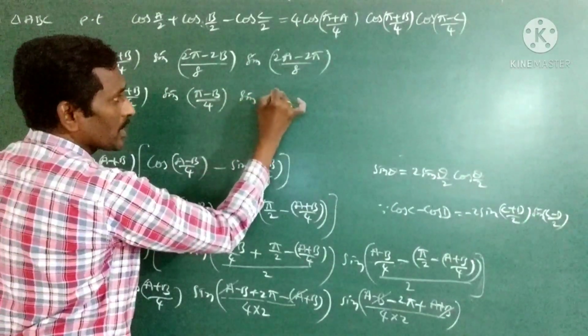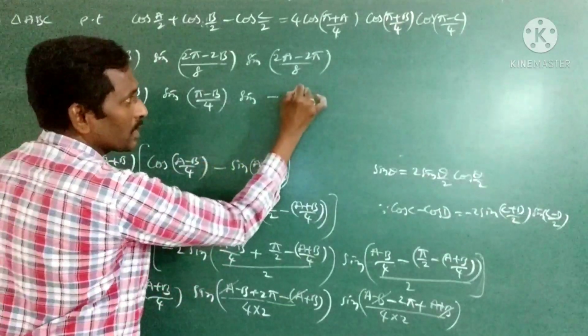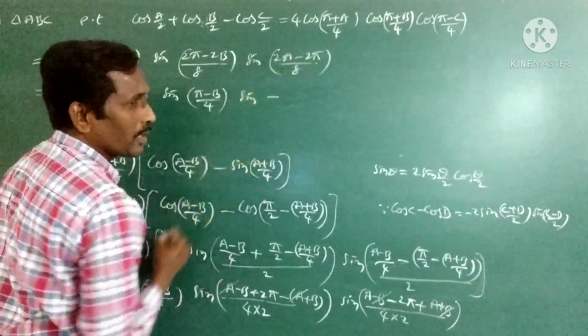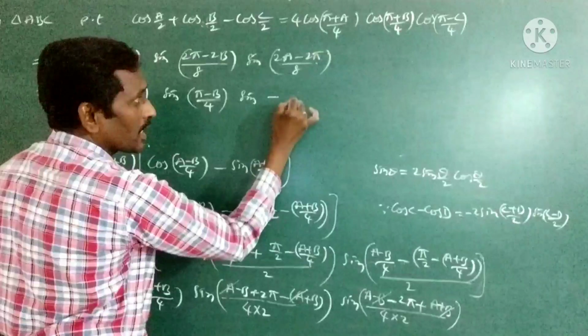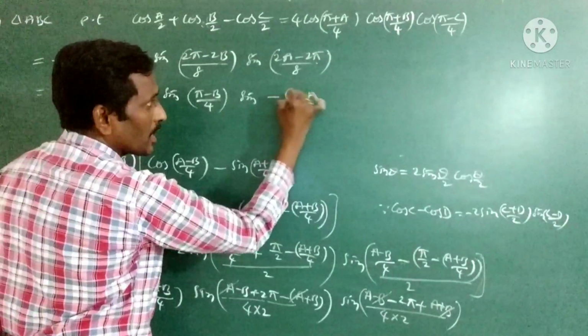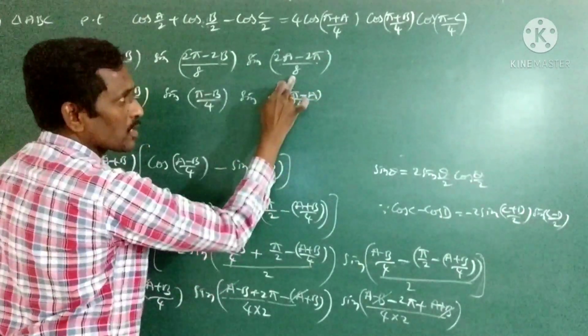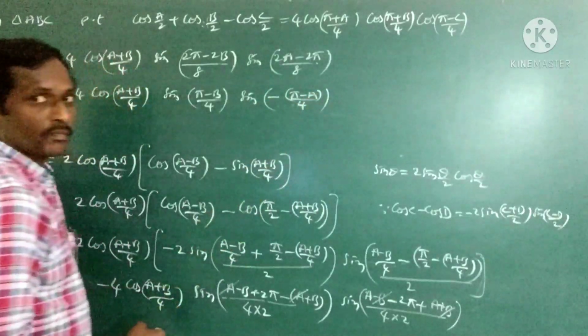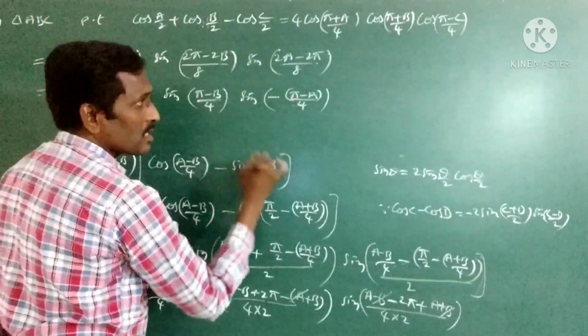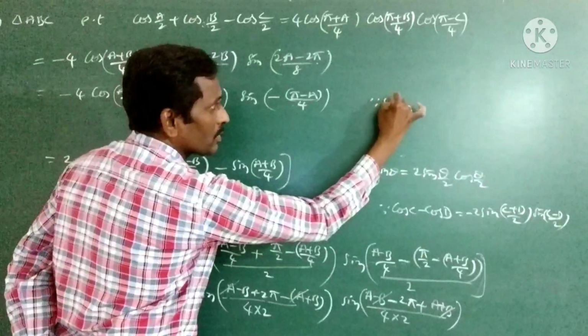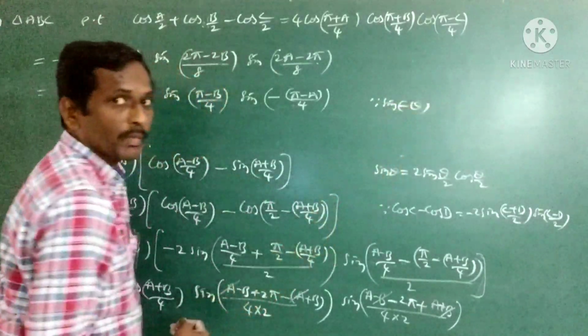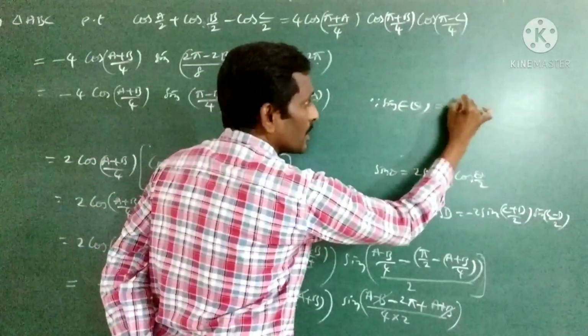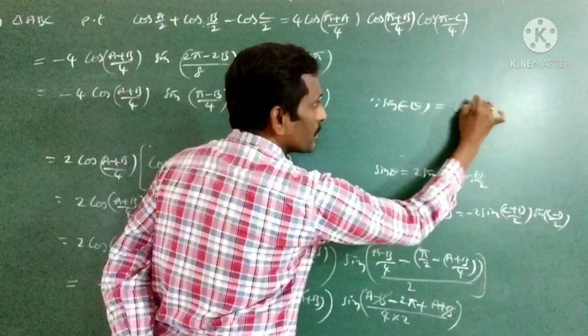Here sine function minus taken as a common, pi first, A with the negative will get, 2 also taken common. So pi minus A remain by 4 because 2 get cancelled. Next to sine of minus theta, what is the value? Minus sine theta.